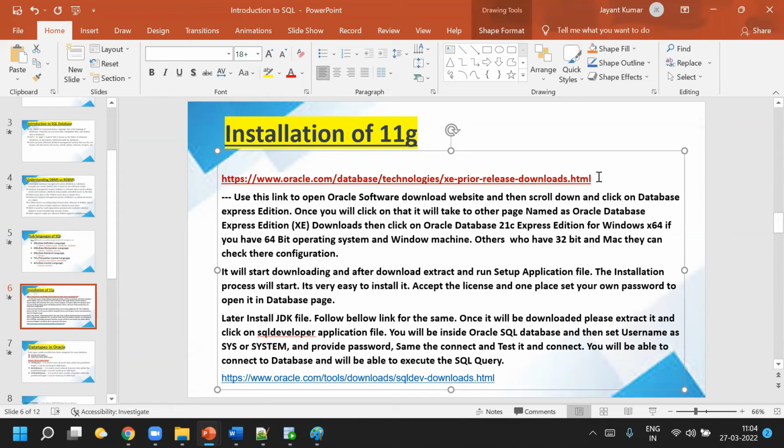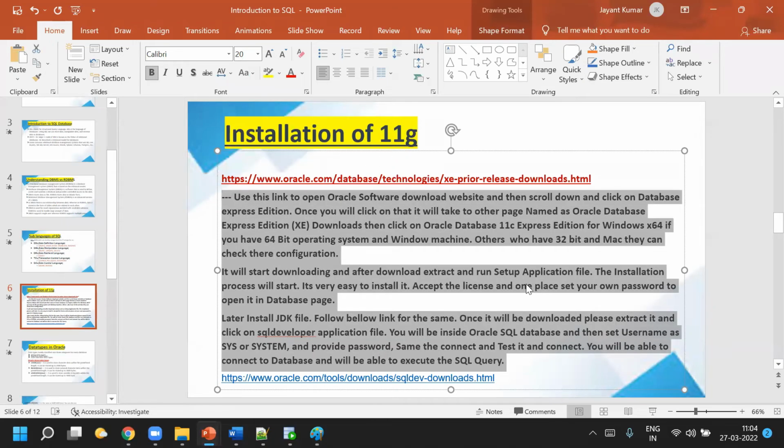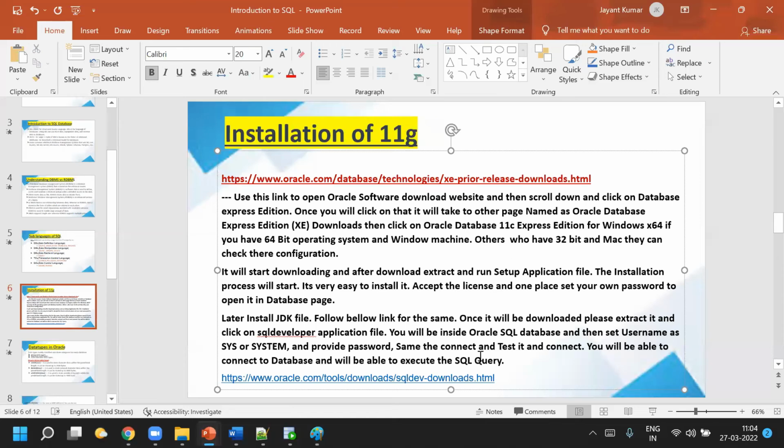I have mentioned the link and explained the process, but don't consider this process, as it is an old process I have mentioned; I have to modify it. When you install Oracle SQL software, you need to install the JDK file also to run Oracle SQL properly. So this is the installation process.